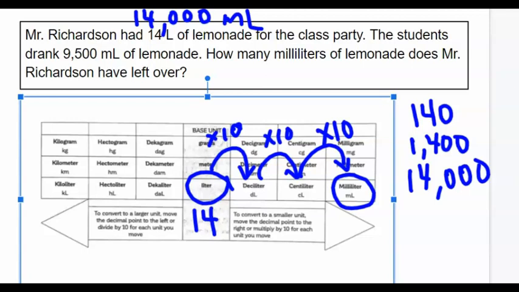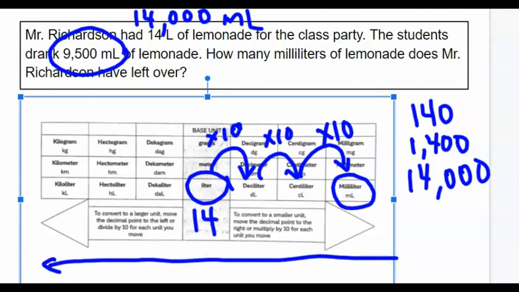So it wants to know how many milliliters of lemonade does he have left over. Well, what happened to the milliliters of lemonade? The students drank 9,500 milliliters of lemonade. So if I take 14,000 and subtract 9,500, I think this time I'm going to think about it as finding the difference on a number line.